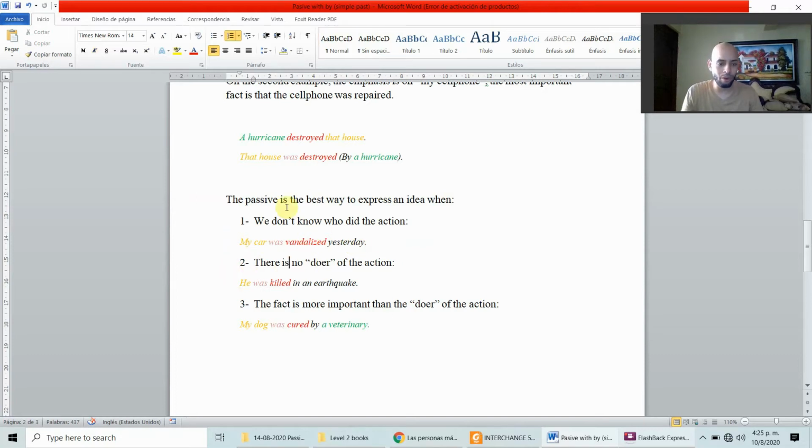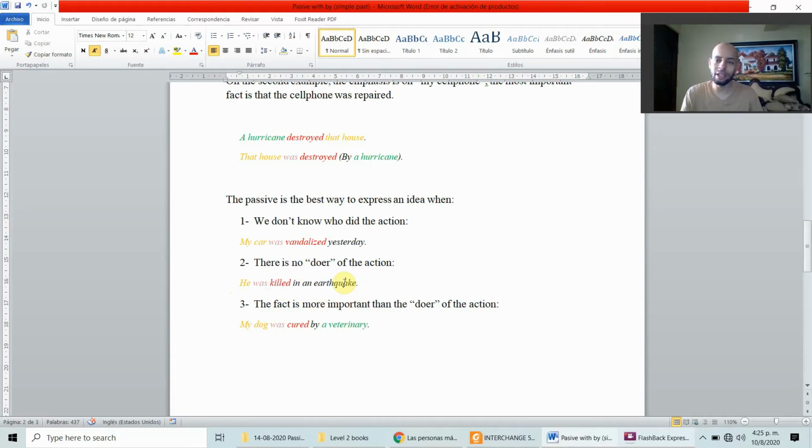Another way to express this idea is when there is no doer of the action. That means that nobody did the action that is being explained. He was killed in an earthquake. We don't know. Well, we can ask how, but we might not know how he died.